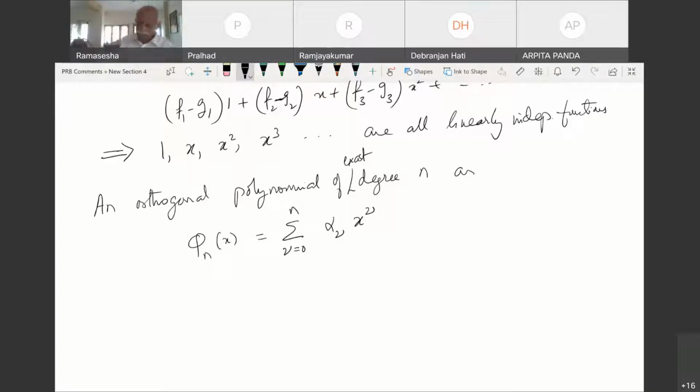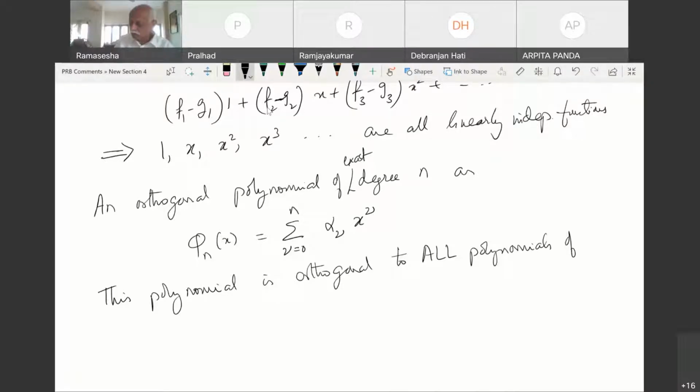Okay, so the sum over nu equal to 0 to n of alpha nu x to the nu is an orthogonal polynomial of degree n, and it is orthogonal to all polynomials of degree less than n. So for example, take the inner product of p3 with 1, which is the integral from a to b of w of x times p3 of x dx.